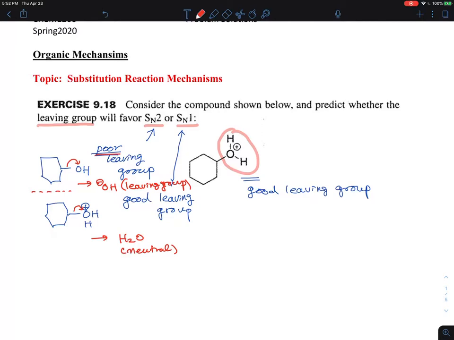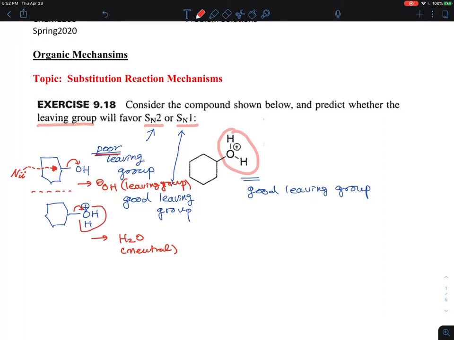So therefore, you need some help, something attacking from the other side, and that's a nucleophile, to cause this reaction. Whereas this one is good to go by itself.